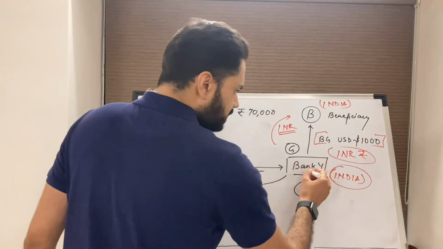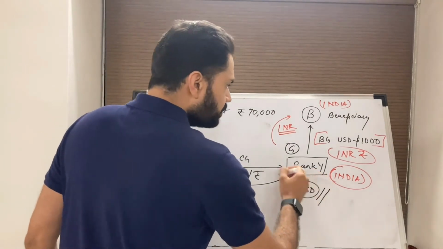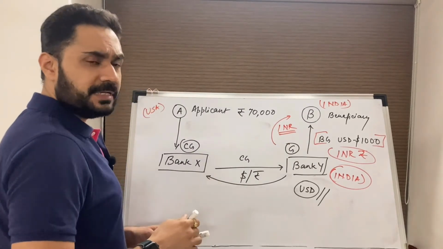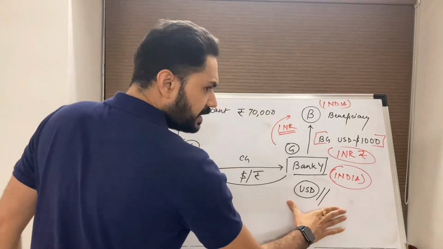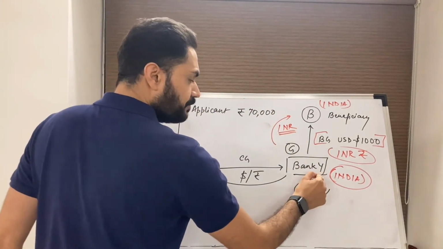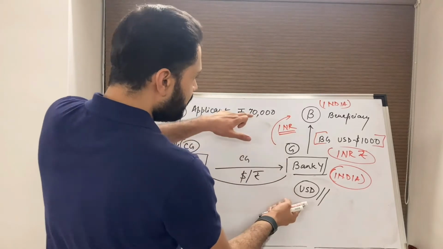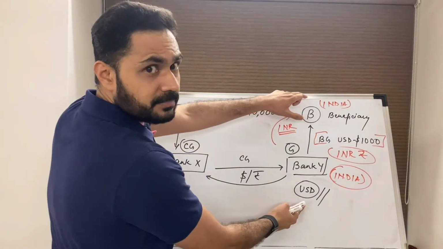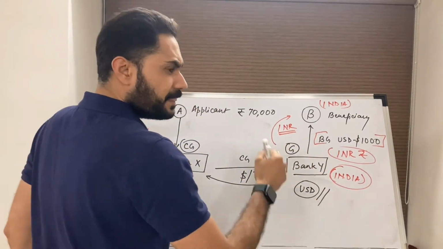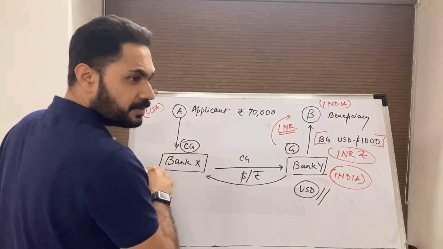So Bank Y has registered the guarantee as USD in its books, whereas the payment was made in local currency. Now there can be a possibility that the notional rate at which this guarantee was converted and booked or registered in the books of the guarantor was more than what payment was made to the beneficiary. So there is a loss which Bank Y will incur if Bank Y takes 70,000 from the counter guarantor.